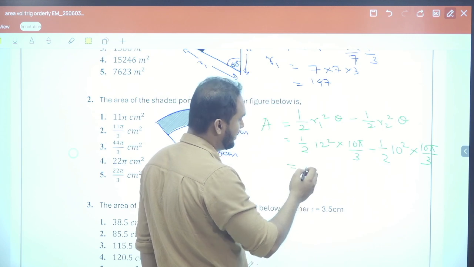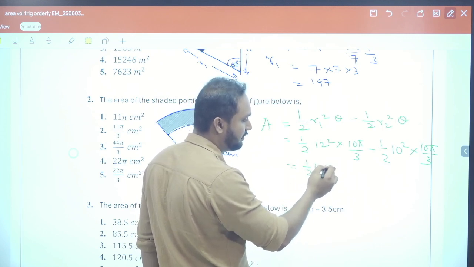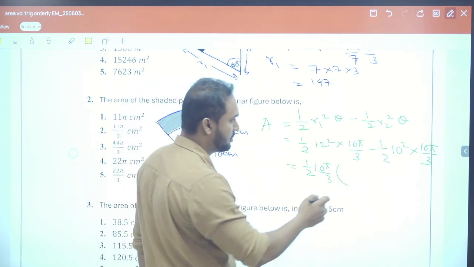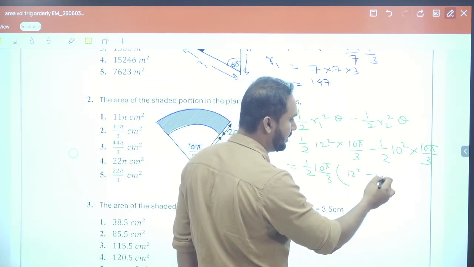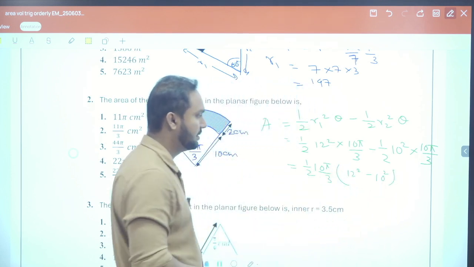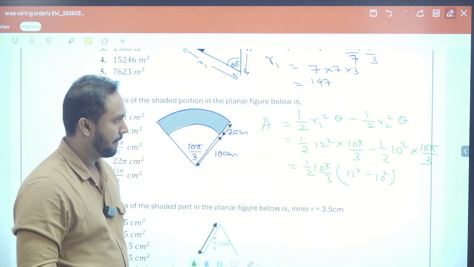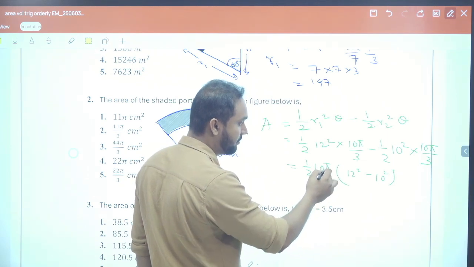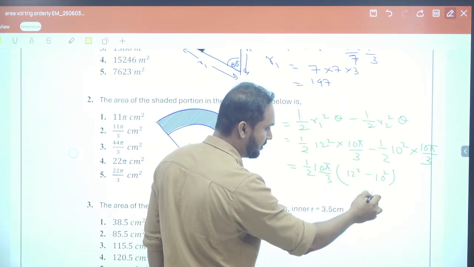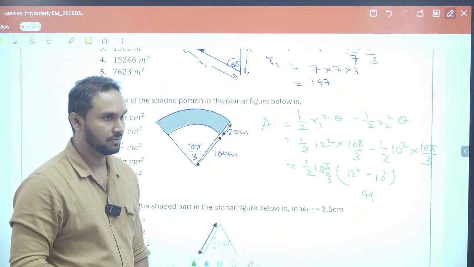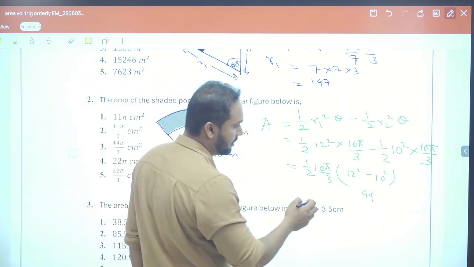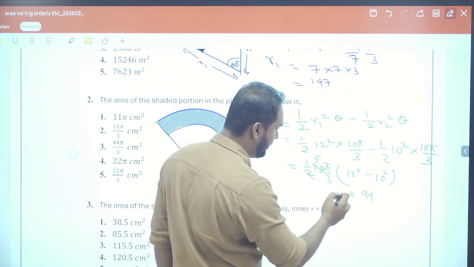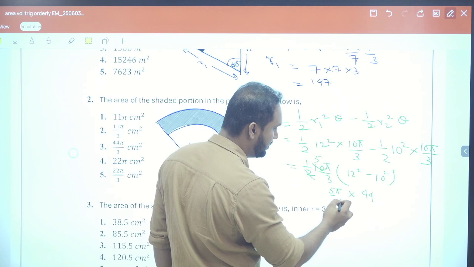Right. Shall we take the common values out first? 10.5/3 is common, right? So 12 squared minus 10 squared. Now tell me the value of these things. 44, right, because it's 144 and 100. So this is 5 pi over 3.